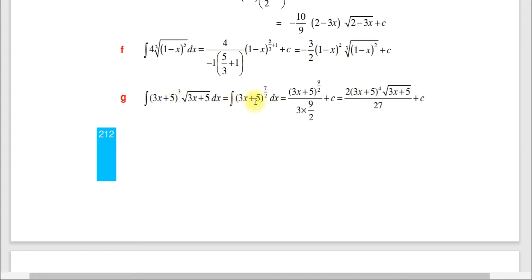So we have the integral of 3x plus 5 to the power of 7 over 2 with respect to x. Adding the powers gives 3x plus 5 to the power of 9 over 2 over 3 times 9 over 2.